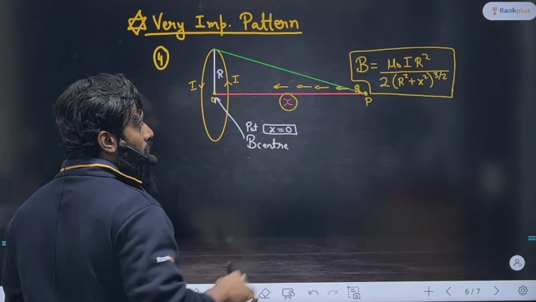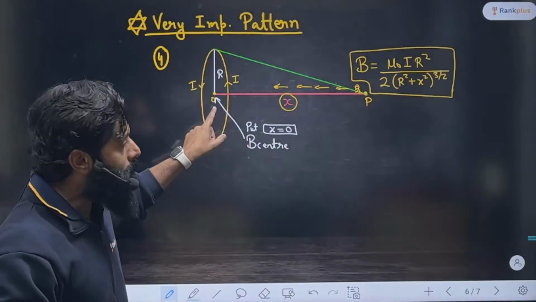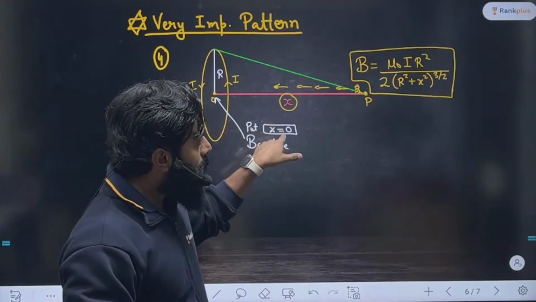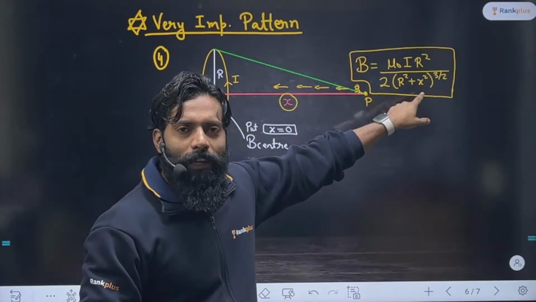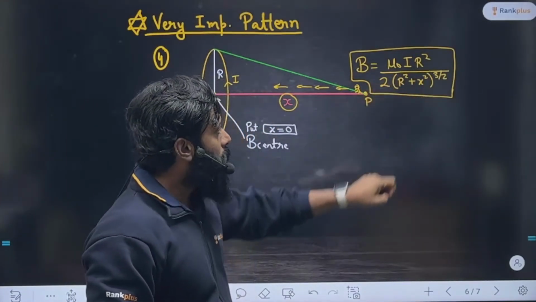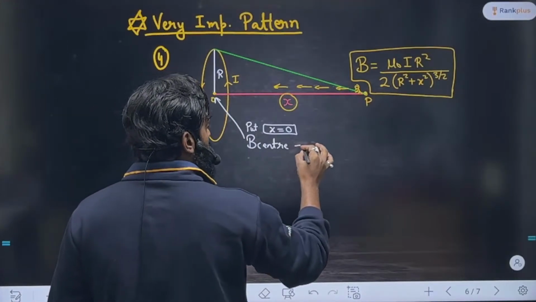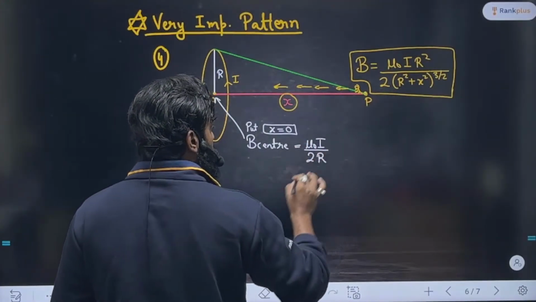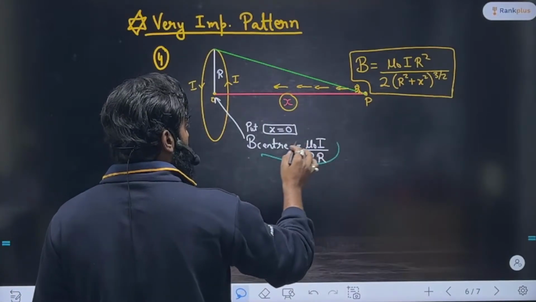For getting the value at the center of this loop, you put x as 0, and you will get the magnetic field at the center equal to mu naught I divided by 2r. So this is what you are getting.